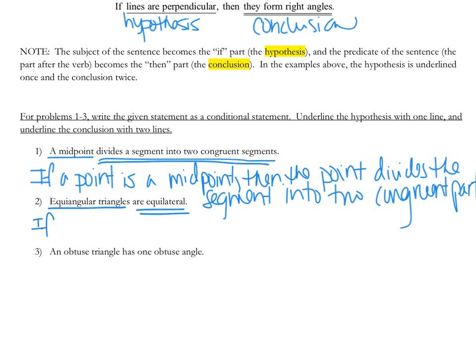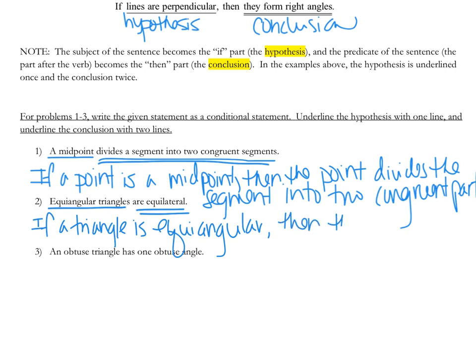So if a triangle is equiangular, then the triangle, and notice how I'm using the subject again, I'm not using a pronoun. Okay, I'm not saying then it. Well, what is it? Okay, then the triangle is equilateral.